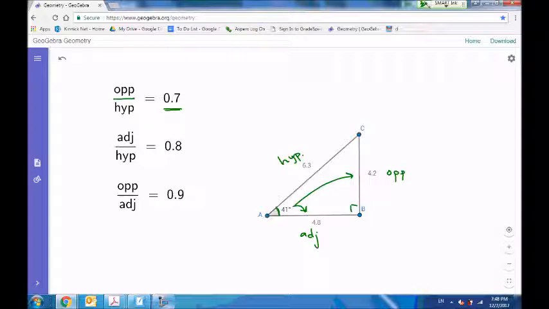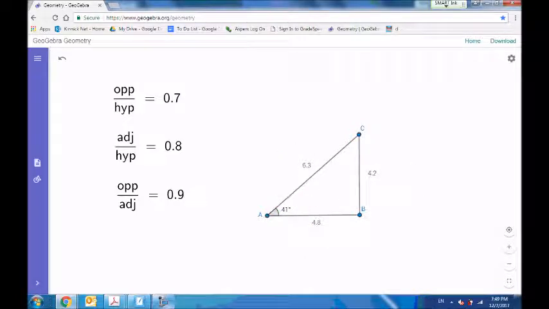We've also taken the adjacent length, 4.8, and divided by the hypotenuse length, 6.3, and we get the ratio of 0.8. And finally, we looked at the opposite length, 4.2, and divided by the adjacent length, 4.8. Now, I'm going to erase some of this because the numbers will change a little bit.